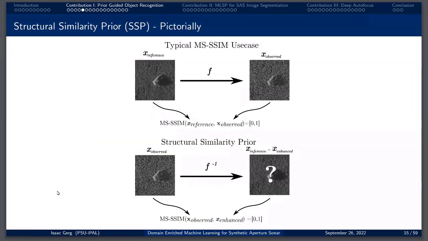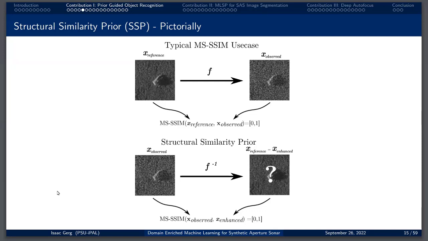So you can think about typical use cases for SSIM in the multi-scale version. I'm given some reference image, I have some corruption model with it, maybe it's data compression, maybe it's sending the data over a link or something. I get my observed image, and the idea is I want to be able to back calculate to this, and I also want to understand from a human point of view how corrupted these images are.